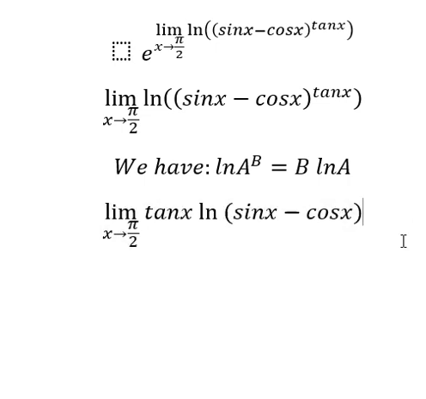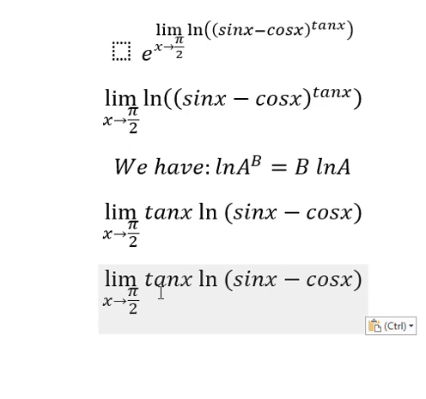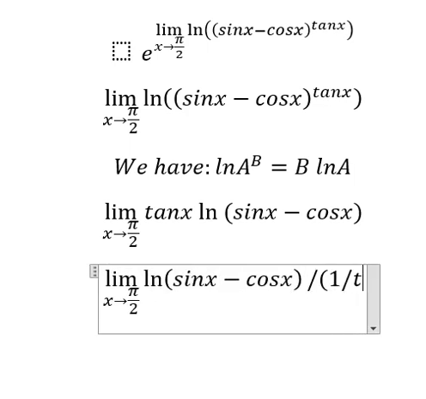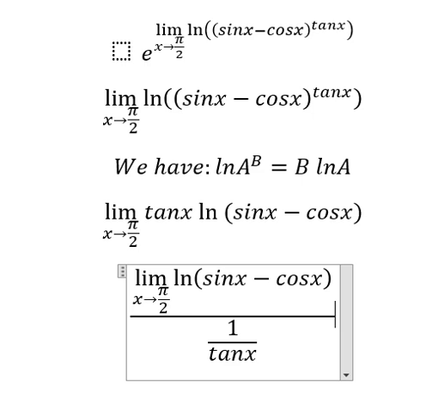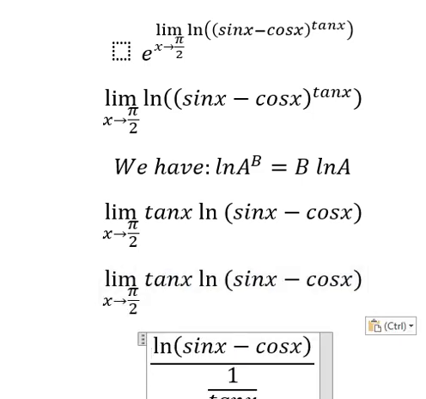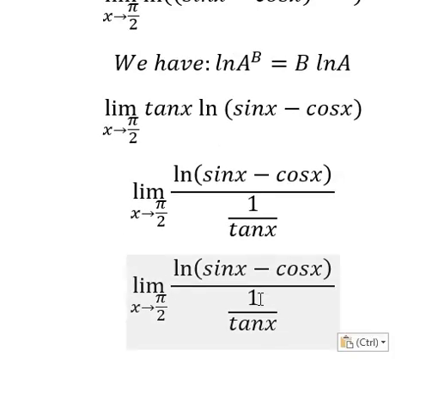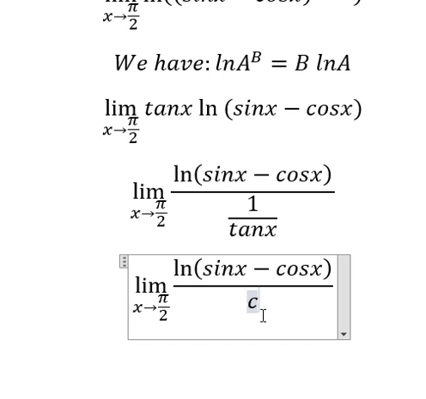Next, I will put tan x go in this way. So that should be like this. So 1 over tan x, that is about cotangent x.